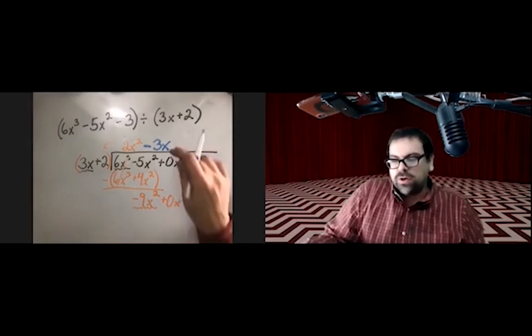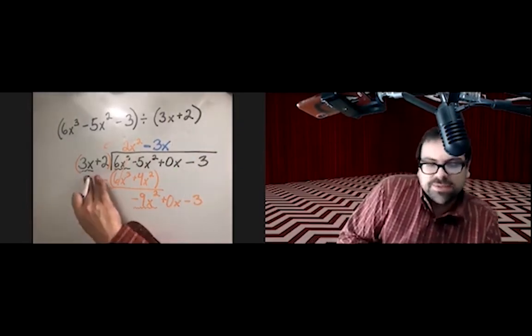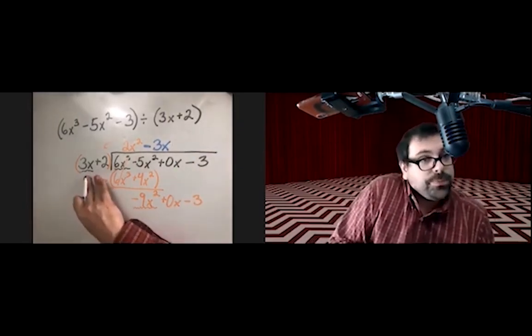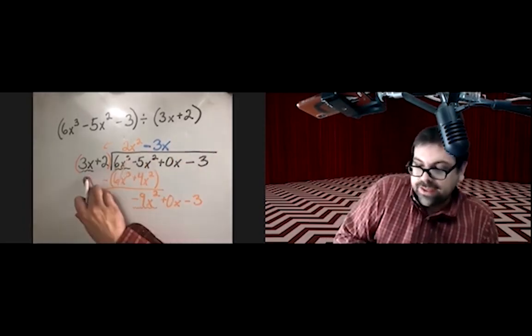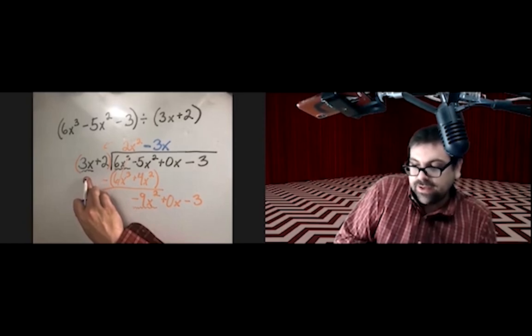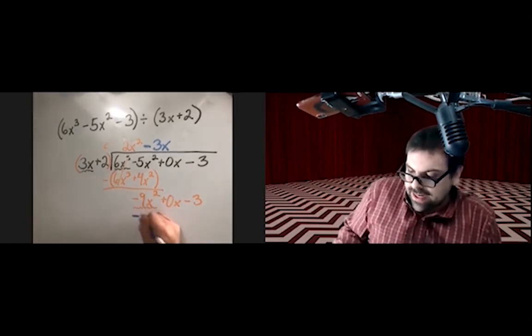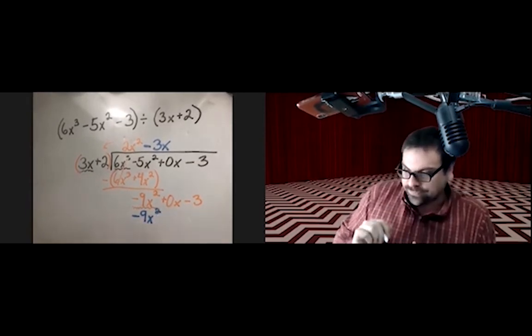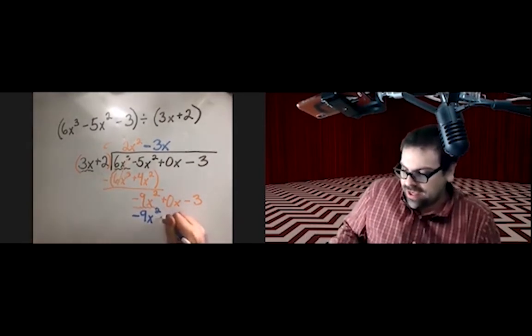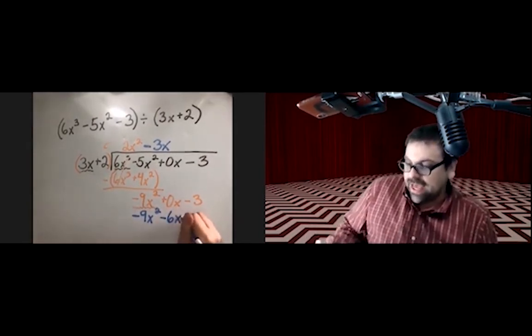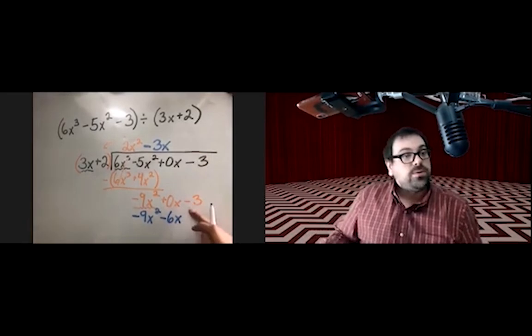Multiply around the corner. Negative 3x times the entire 3x plus 2. Negative 3x times positive 3x is negative 9x squared. Negative 3x times positive 2 is negative 6x. This is why we needed the placeholder column.